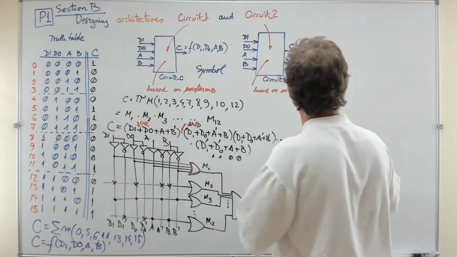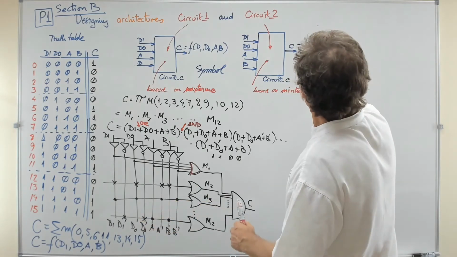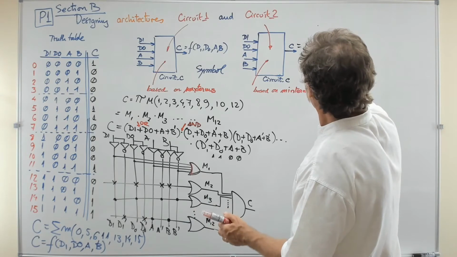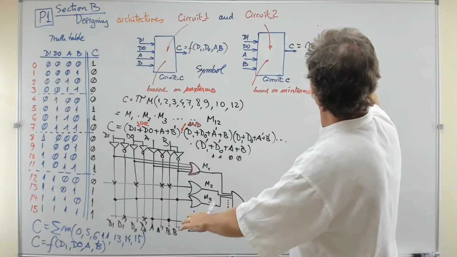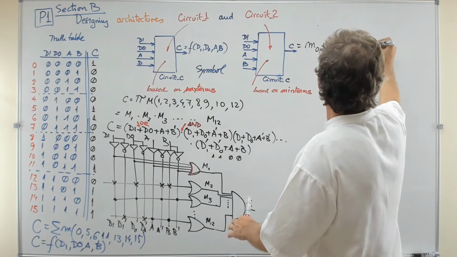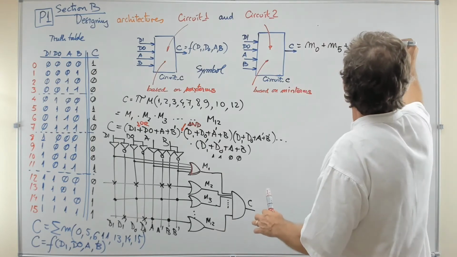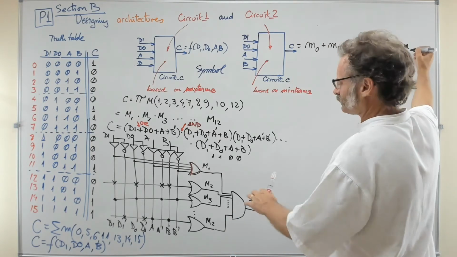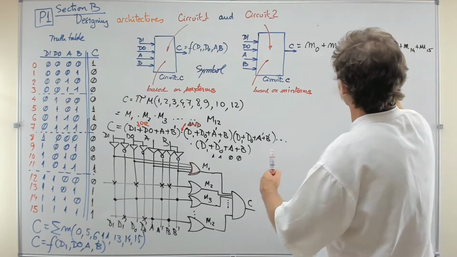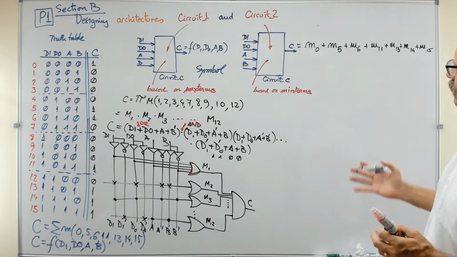We can go and represent the C as the minterm 0 or the minterm 5 or the minterm 6 or the minterm 11 or the minterm 13 or the minterm 14 and finally the minterm 15. This one is shorter for this application. And this is the sum of minterms.